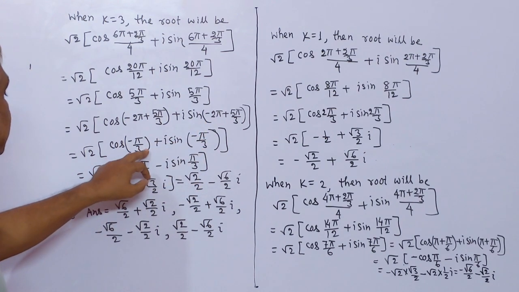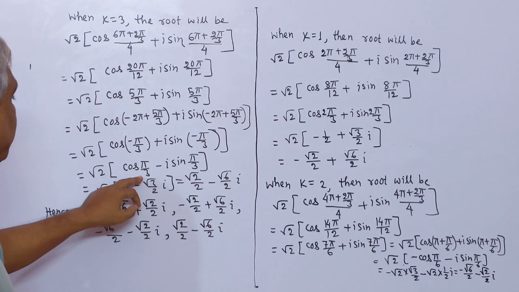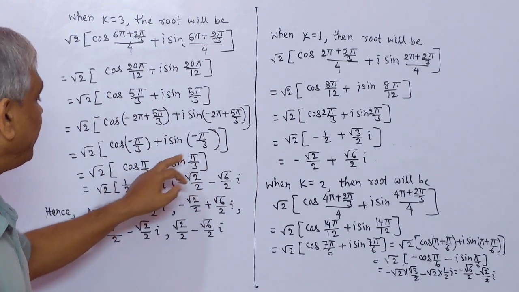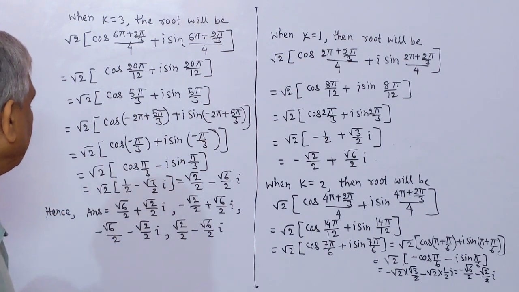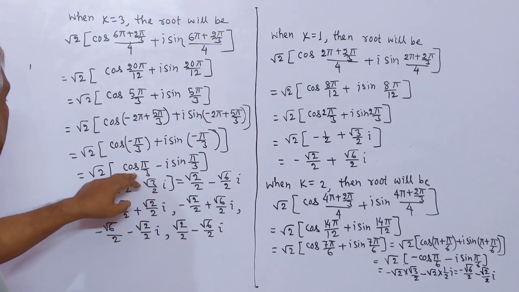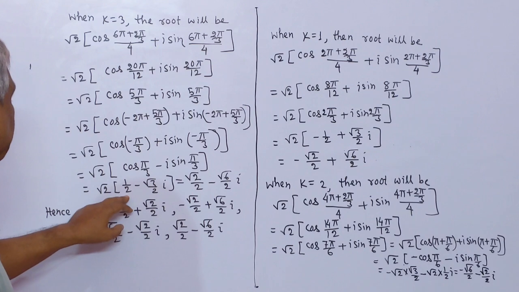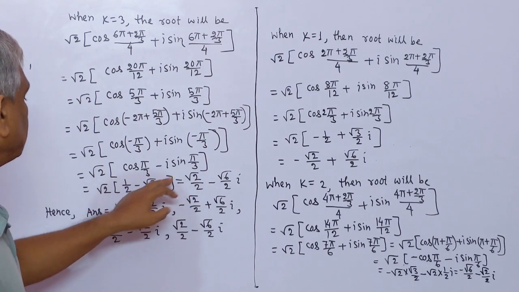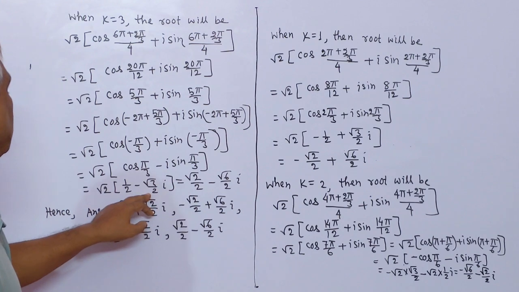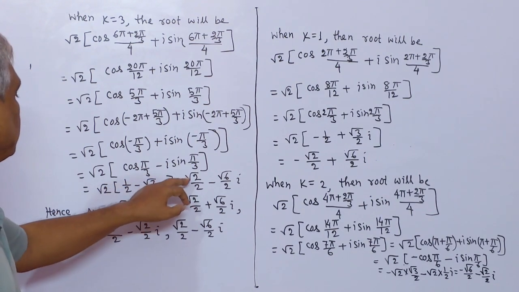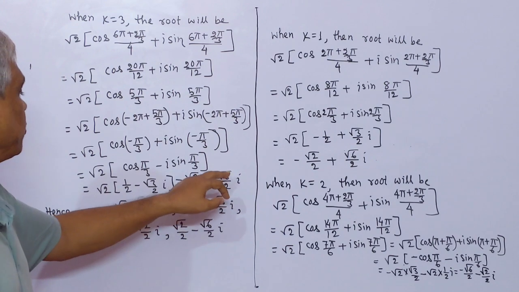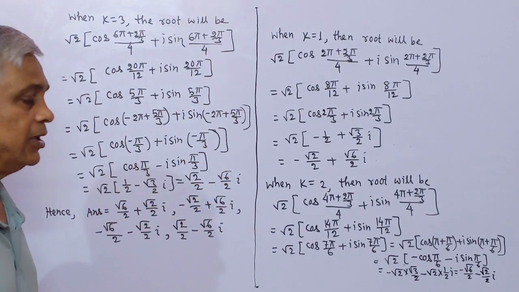Cos minus theta equal to cos theta. This means this is equal to cos pi by 3. Sin minus theta equal to minus sin theta, means minus sin pi by 3. And we put the value of cos pi by 3 is half, and sin pi by 3 is square root 3 by 2, and this will become square root 2 by 2 minus square root 6 by 2 I.